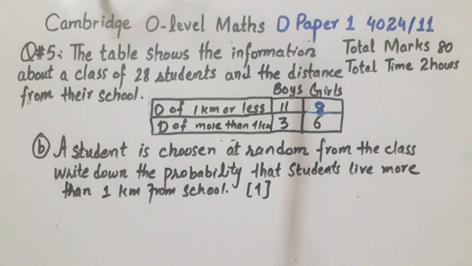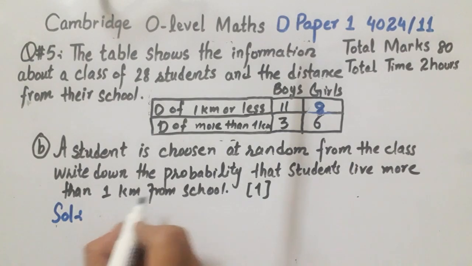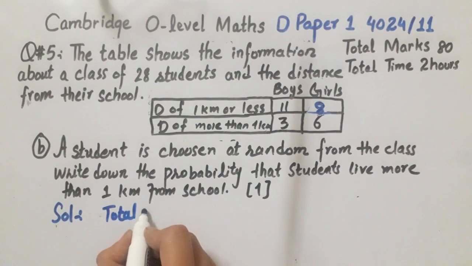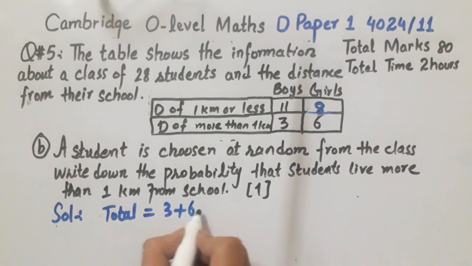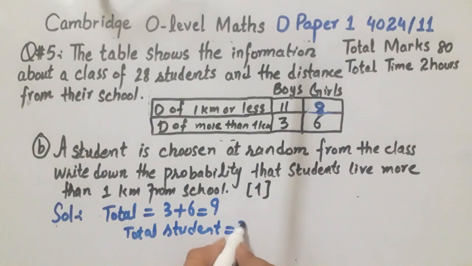So in the solution you will write total students living more than 1 kilometer is equal to 3 plus 6, which is equal to 9, and total students are equal to 28, that is given in the question.